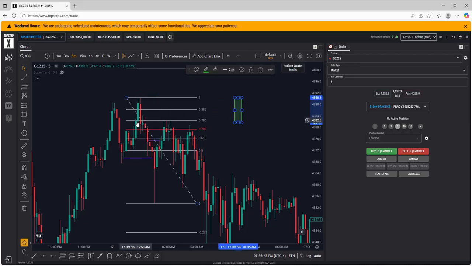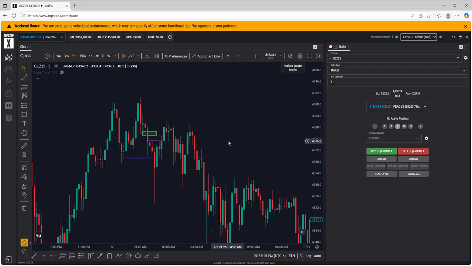Also, a bullish engulfing, another common confirmation. We have a gap right here, a fair value gap, and here, and that is it. So we have multiple confirmations for this trade. But now let's get into liquidity.